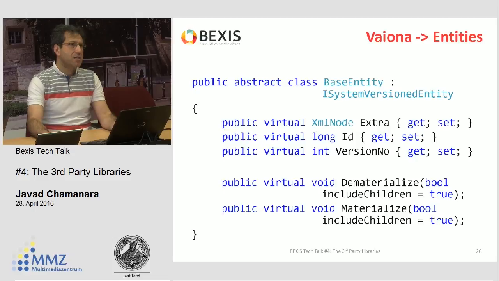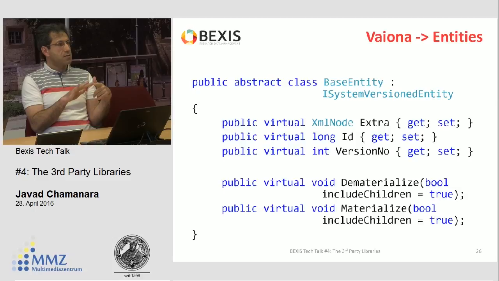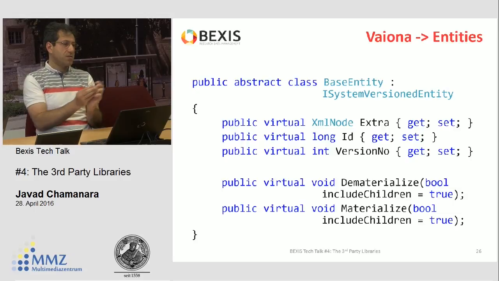So we decided to have an automatic object to XML mapping, so that when the data is going to be stored in the database, it is automatically transformed to XML, and the XML is stored. When data is retrieved from the database, it is retrieved as XML and then mapped again to the properties of the class at runtime. So at the database level, everything is an XML document, but at the object level, they are spread over their proper attributes.